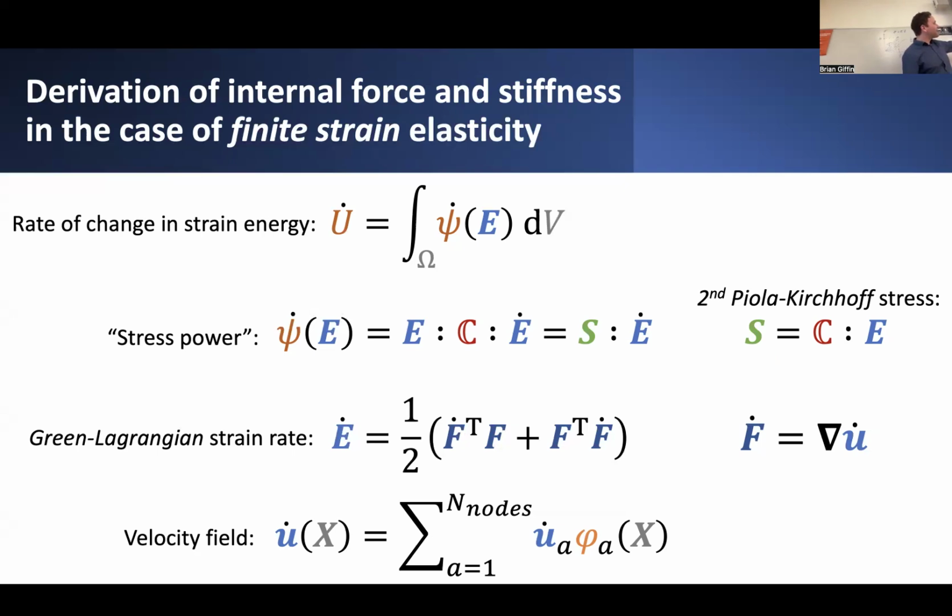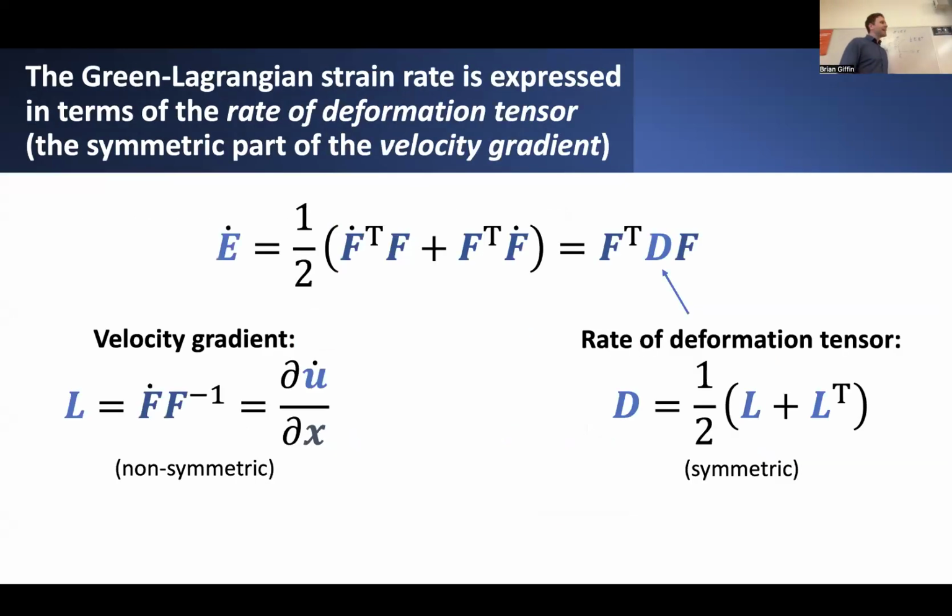All right, but otherwise, we can also take the time rate of the Green-Lagrangian strain to come up with its corresponding strain rate, expressed in terms of the time rate of the deformation gradient, which is really nothing more than effectively the gradient of the velocity field, which is described in precisely the same way as before. Now, one extra manipulation we have to do relates to how we describe this Green-Lagrangian strain rate.